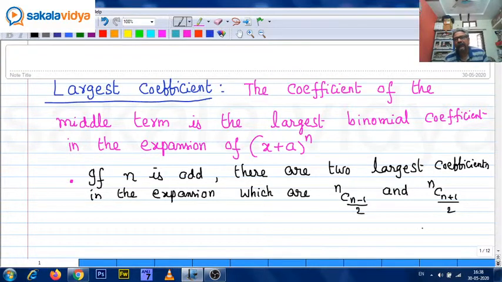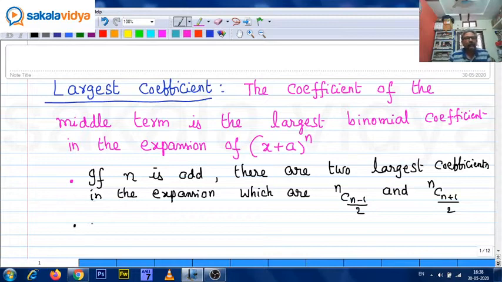One interesting fact is that both are equal. So nC(n-1)/2 and nC(n+1)/2 are equal. Even if n is odd, they are equal. The largest coefficient will be nC(n-1)/2 or nC(n+1)/2.